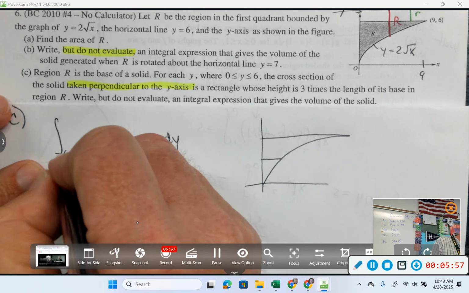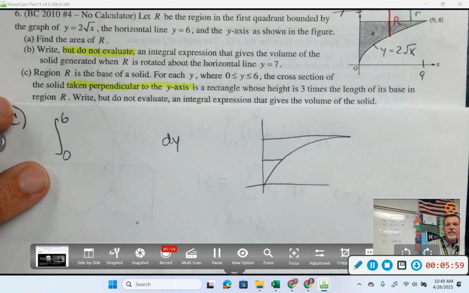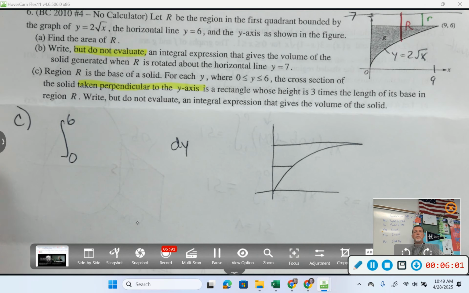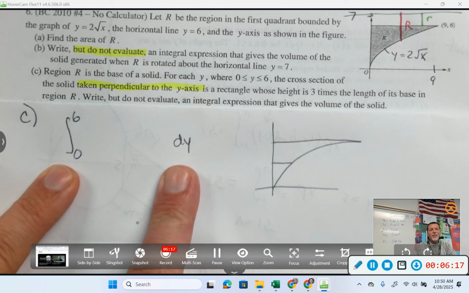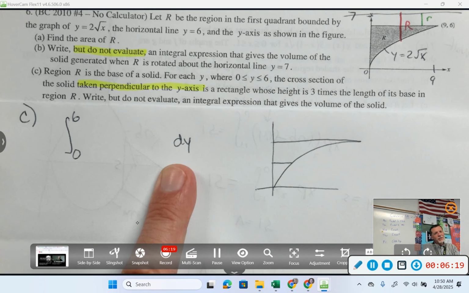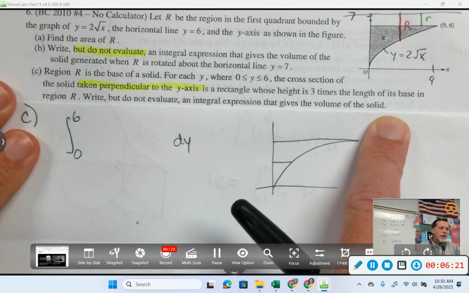That also means I'm going to be going 0 to 6. Occasionally, you can get a point for the correct limits and the correct variable. I'd have to go back and look, but occasionally on problems like this, you might get a point if that's all you put, because you recognize it's a dy problem, going 0 to 6. Maybe that's worth a point.